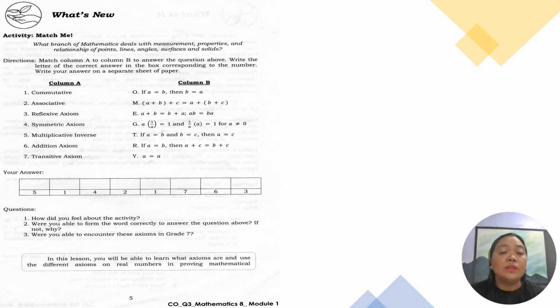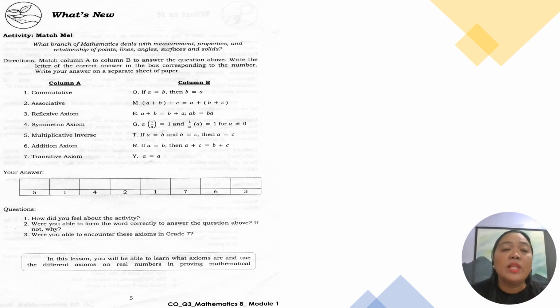Number 1 is commutative. If you can recall, what does the commutative property say? You learned this when you were in grade 7. We have the commutative property in addition and the commutative property in multiplication, where the order or the position of any addends does not affect the sum.